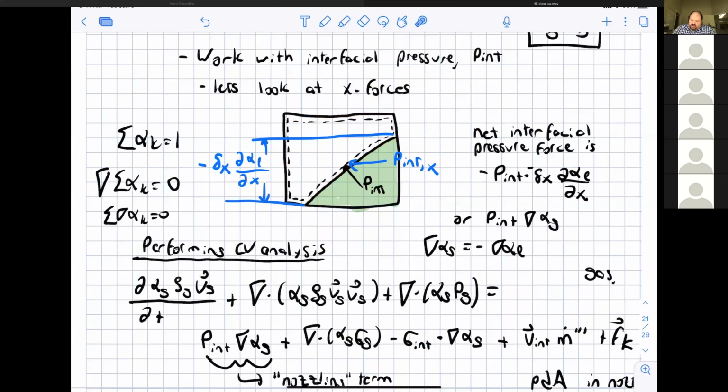So when you describe that, the term that does that acceleration in the 1D nozzle flow equations is the P dA term. Okay, and so if you look at this P int grad alpha G, it really comes from a pressure times a differential area, which is basically what this is right here. Okay, and so they are very analogous, and that makes intuitive sense.